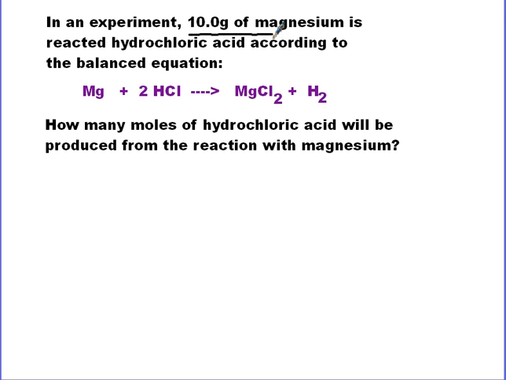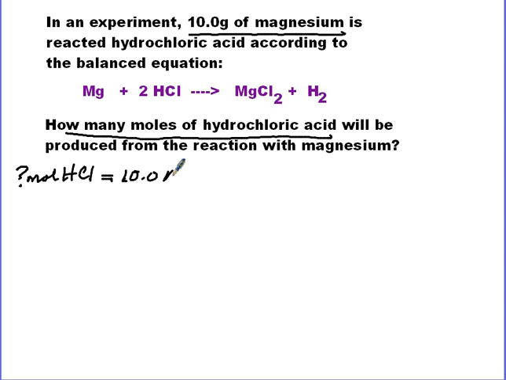I have 10 grams of magnesium, and my problem says, how many moles of hydrochloric acid is this going to be? So, let's work with our question mark format. How many moles of hydrochloric acid can I make, or will I need, to react with 10 grams of magnesium?